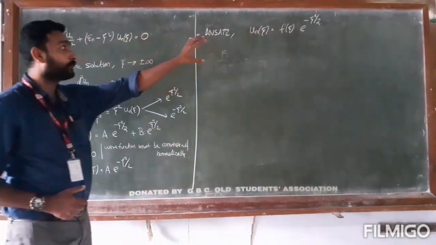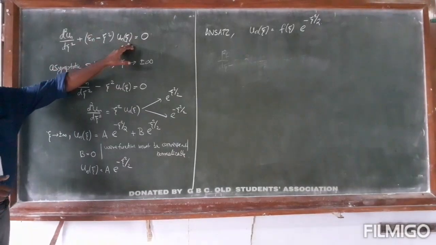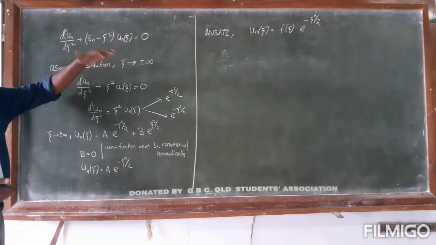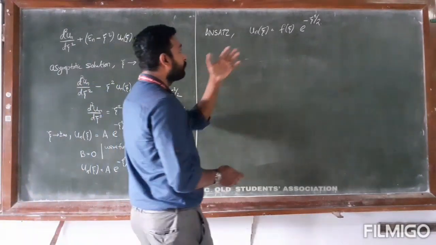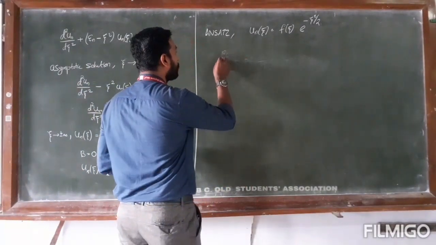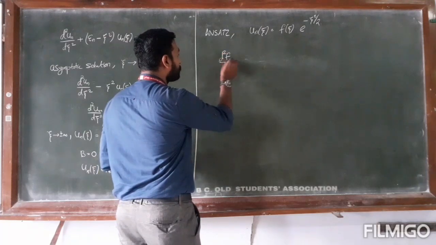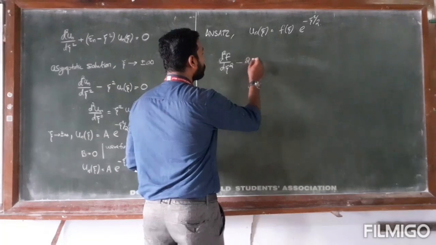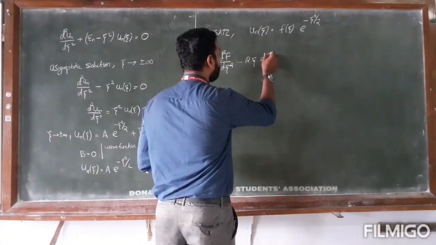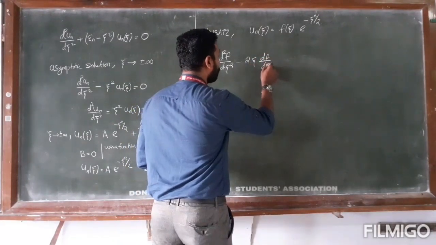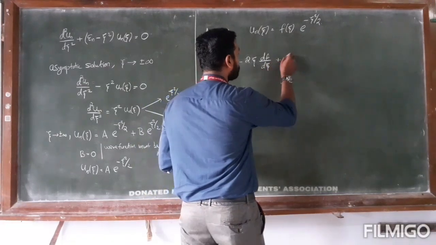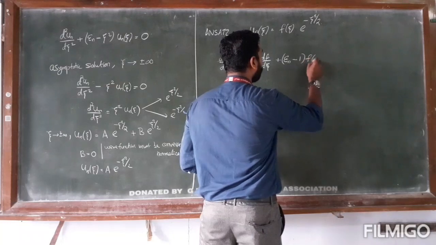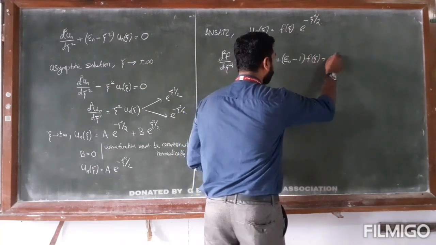You can substitute this u_n of theta into this differential equation, some of the terms would cancel, and while simplifying you will get the differential equation for f of theta of the form d squared f by d theta squared minus 2 theta df by d theta plus epsilon_n minus 1 times f of theta equal to 0.